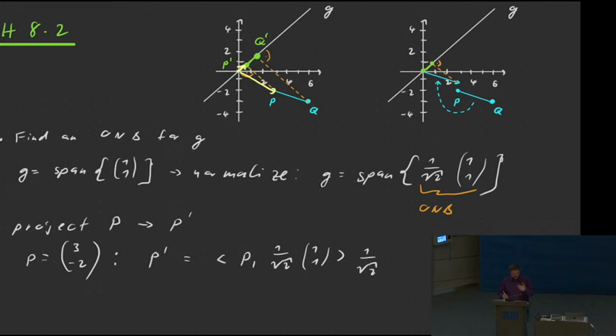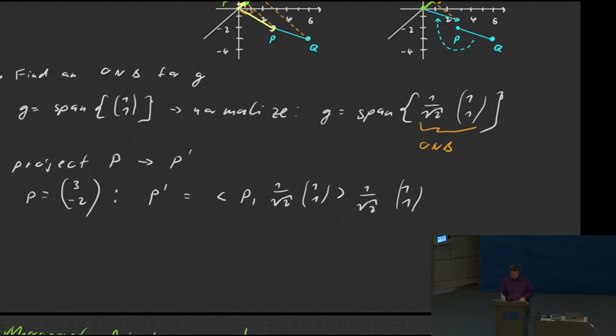And then this is the length of the projection, and of course the corresponding vector is just that ONB vector. Right, so that will be the projection. And as usual, we take out those two factors, we combine them into 1/2. And then we have 3 minus 2 and 1, 1 times 1, 1.